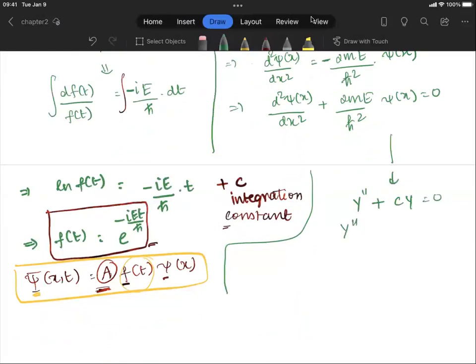We don't really have a term where we have the first derivative of y or psi. We only have the second derivative of psi and the function psi itself. So we don't see the first derivative in this equation.